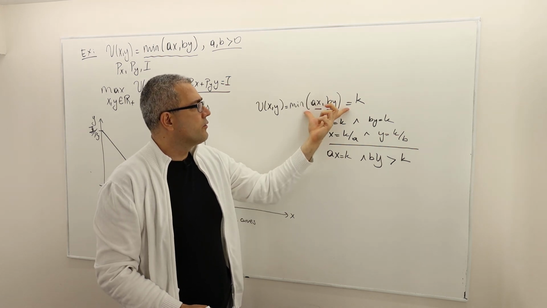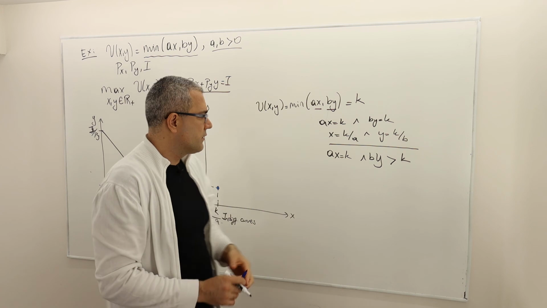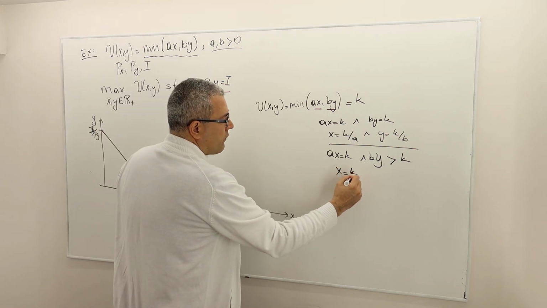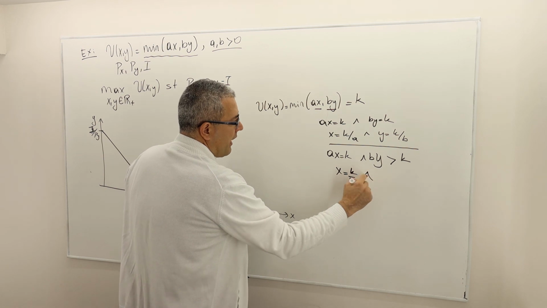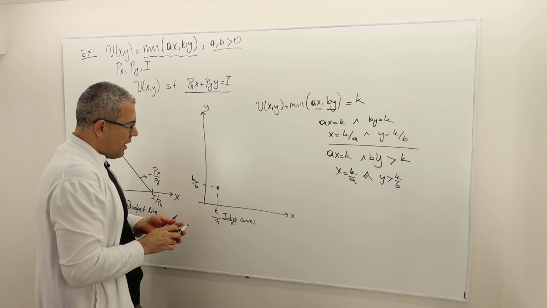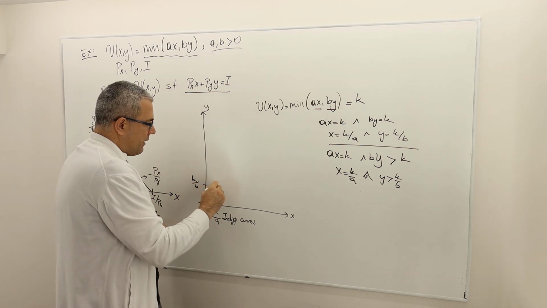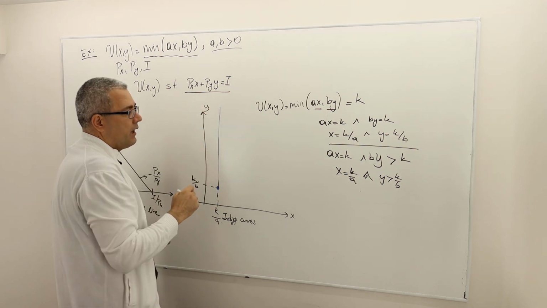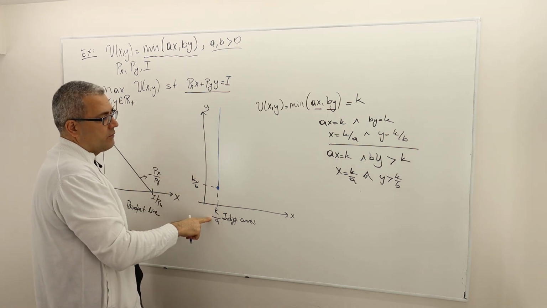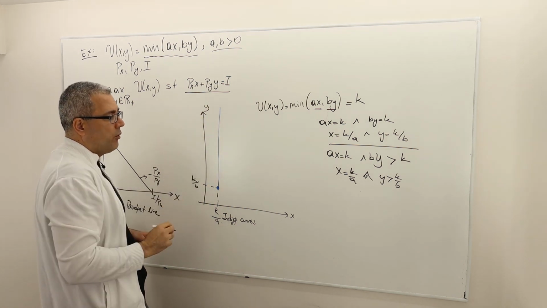So the utility function is going to give me k. That means whenever x is equal to k over a, and y is greater than k over b, I will have exactly the same level of utility. So y greater than k over b, while x is equal to k over a, is basically all these points.